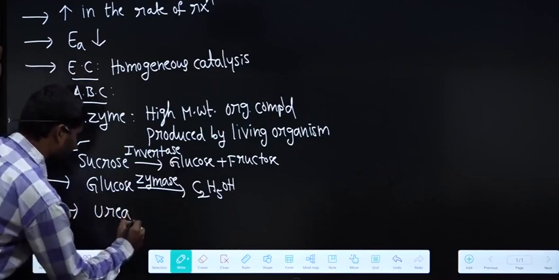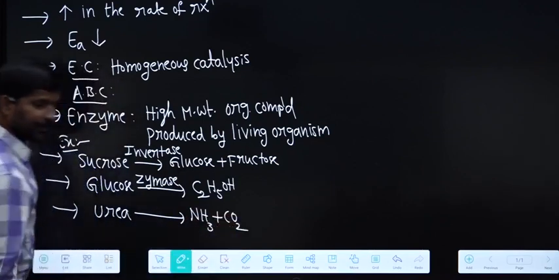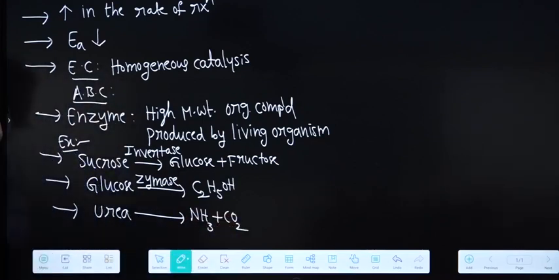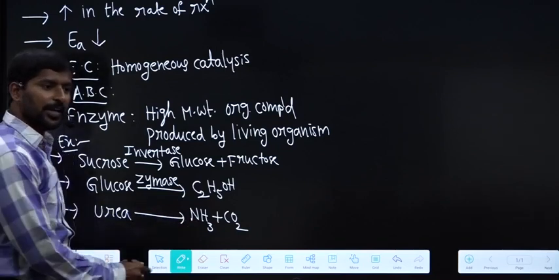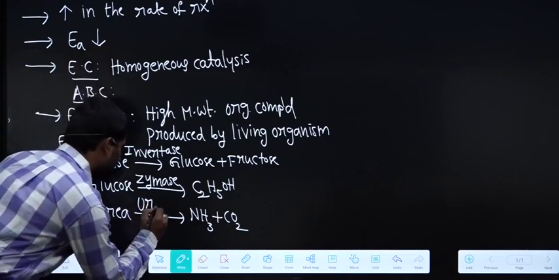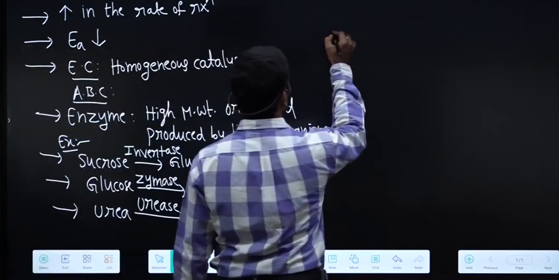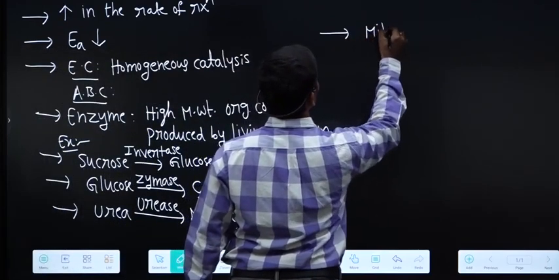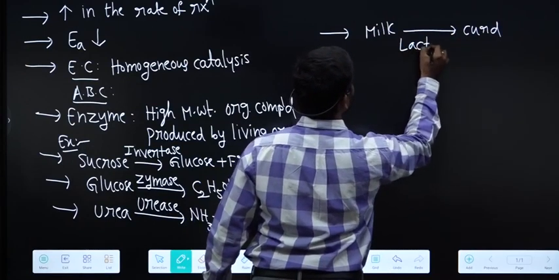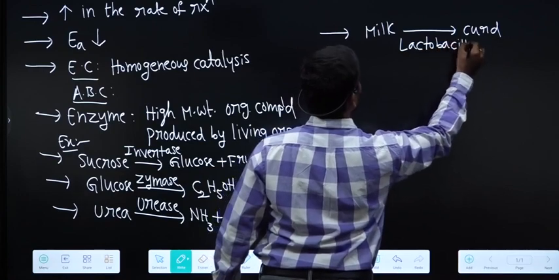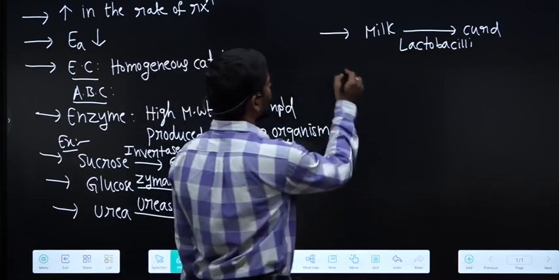Conversion of urea to ammonia and CO2 is catalyzed by an enzyme, urease. Conversion of milk to curd is catalyzed by lactobacilli.